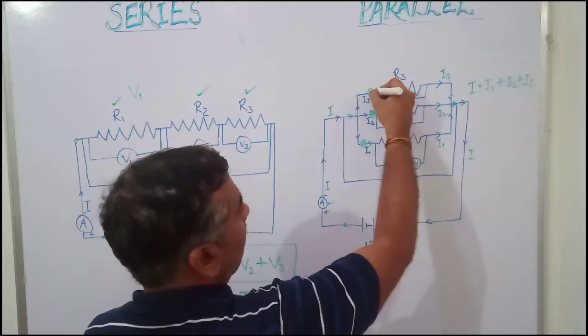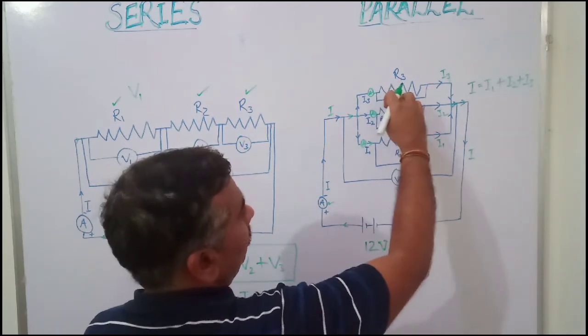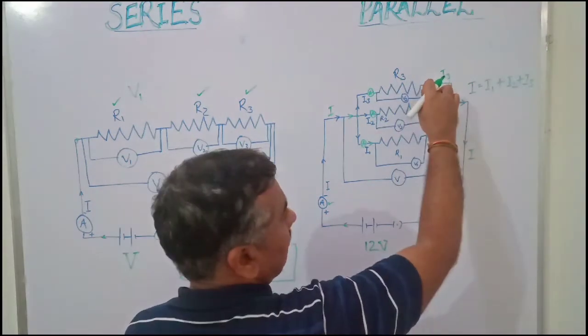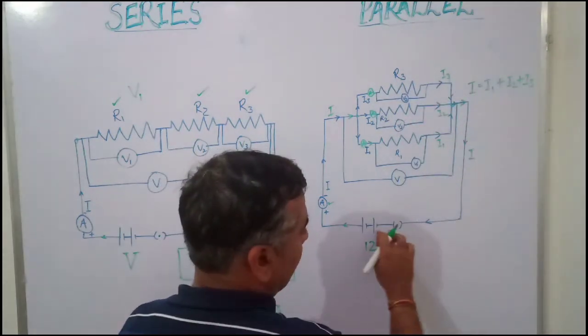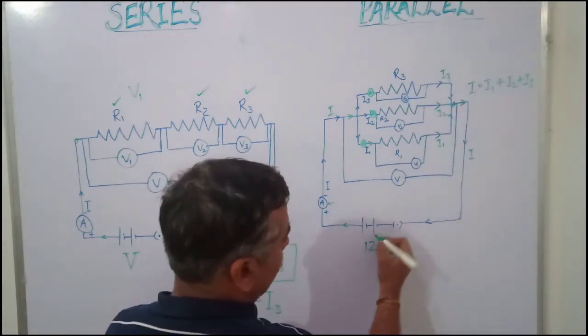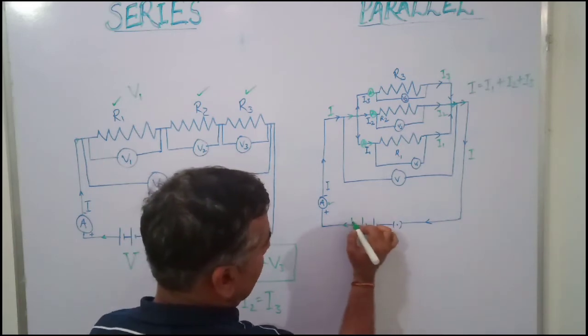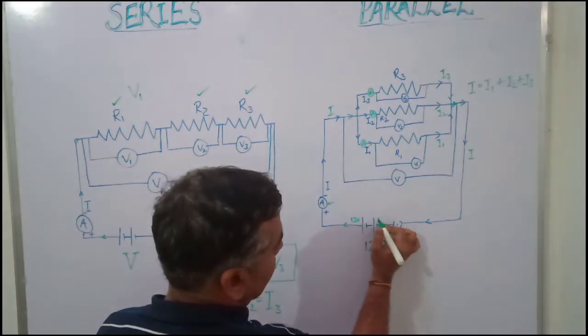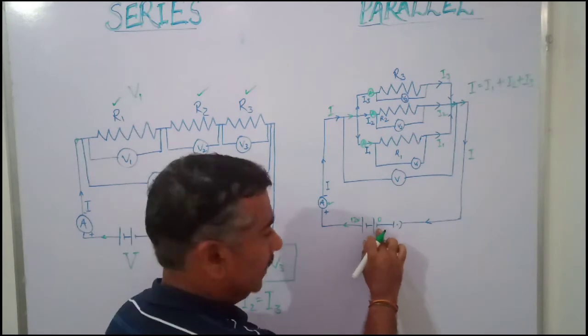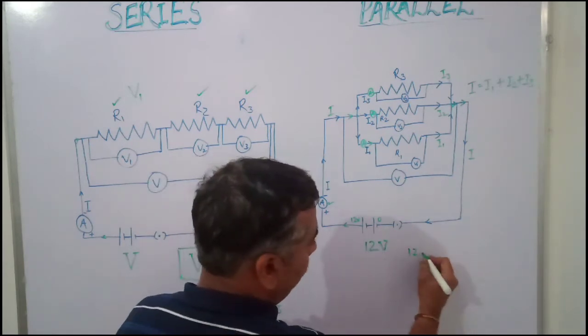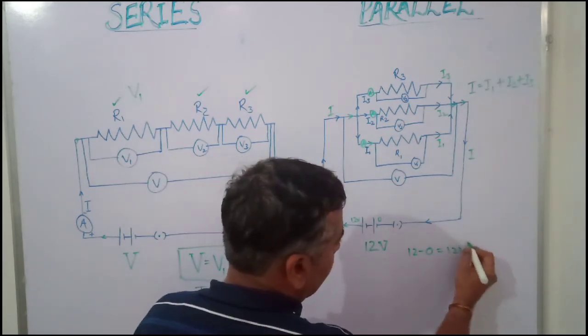So when the current which is here, I3, flows through this resistor and then comes once again to this part, suppose this part is carrying a potential of 12 volt, and therefore this part will have a potential of 0, therefore 12 minus 0 will be 12 volt. Okay, right?